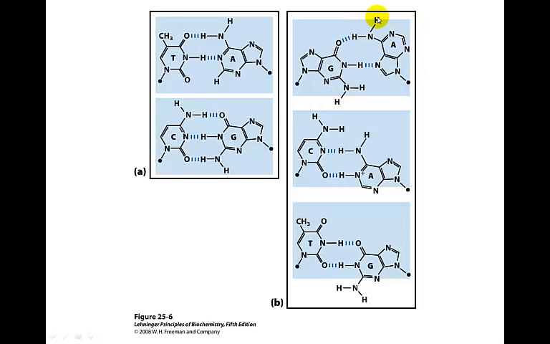So this is out of the area, this hydrogen's out of the area. Same with the G and an A. This part of the ring is out of the active site. A T and a G, this whole amino group is outside of the active site. So mismatches, these are called mismatch base pairing. These mismatched base pairings don't fit into the active site of the enzyme. So we favor ATs and we favor GCs.